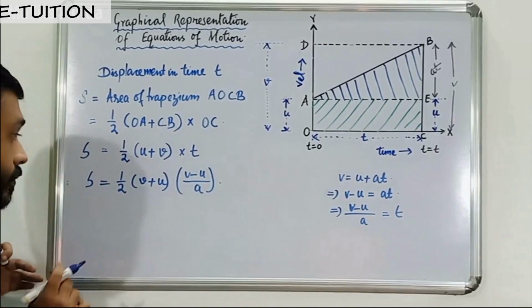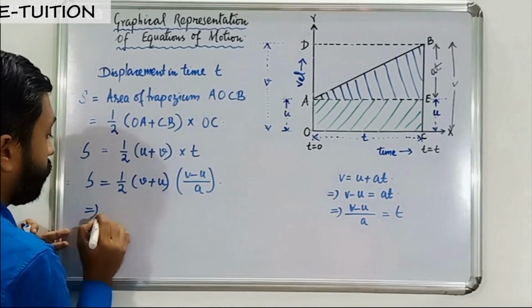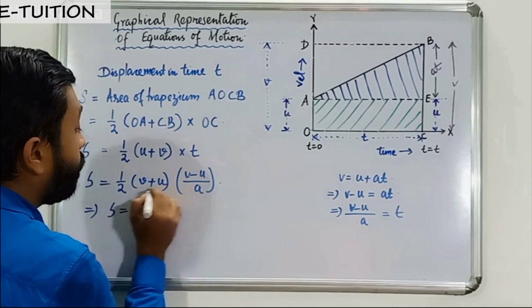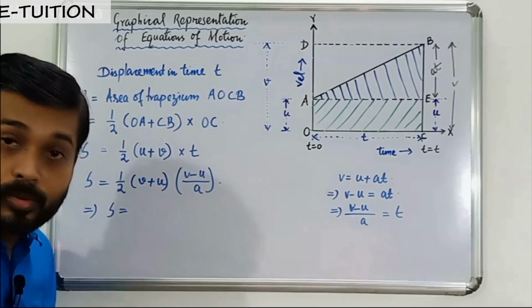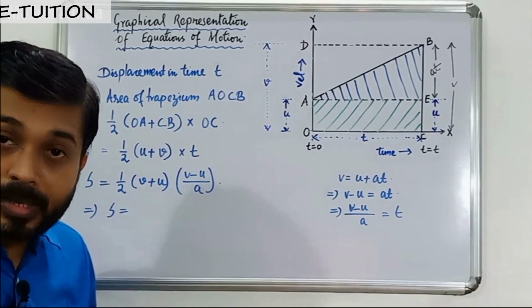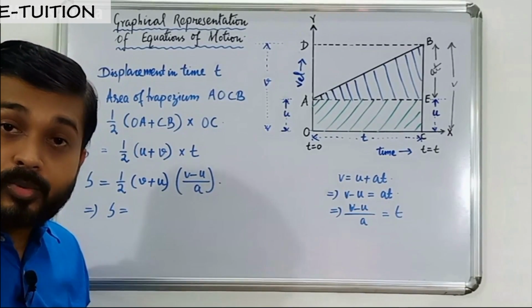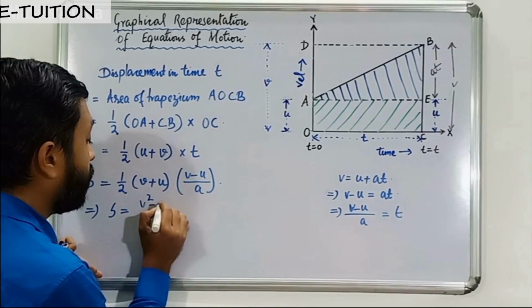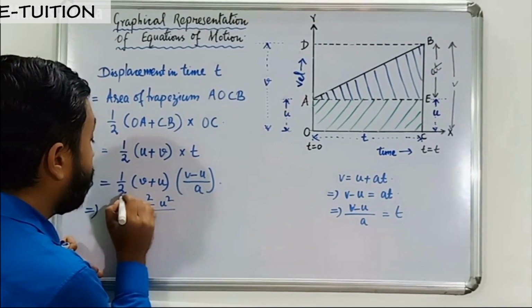Is it clear? v plus u into v minus u. a plus b into a minus b, the formula is a square minus b square. So v square minus u square by 2a.